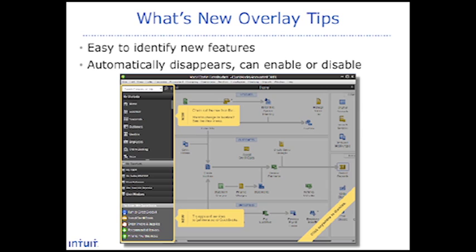Now you can bring it back by looking under your help menu and telling QuickBooks to bring it back. But the idea is especially for new users, kind of like what the QuickBooks Coach was before, but even for us who are switching from one version of QuickBooks to another, go ahead and tell me what's new in these different areas. And then once you tell me what's new and I use it, don't show me that again. So that's new, these overlay tips.